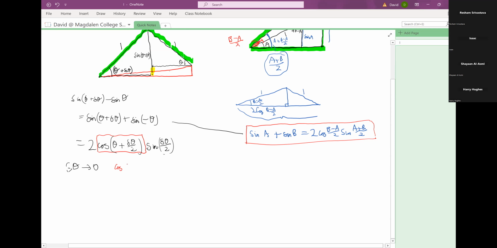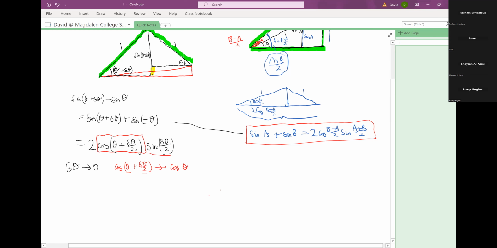We know that cos theta plus delta theta over 2 is just going to go to cos of theta, because cos is a nice continuous function. So what we need to do, therefore, is understand this sine delta theta over 2. So we need to get a good approximation for a value of sine when theta is small.